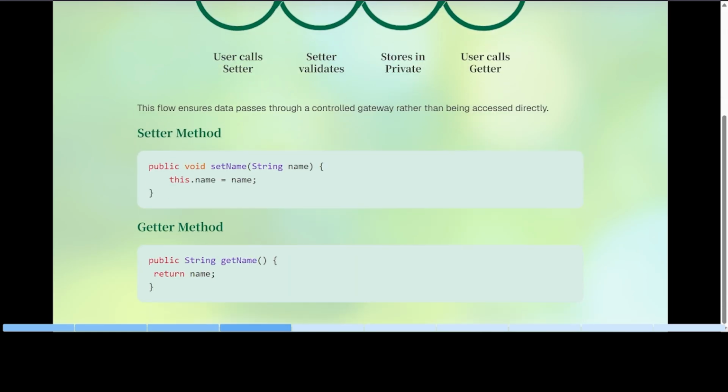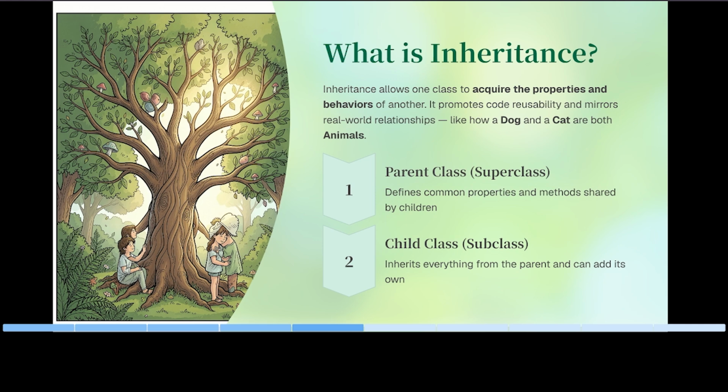Now we are going to see another concept, inheritance. This is also a very important concept in OOPs. Inheritance means it inherits the properties and methods from the parent class. That means one class can use the properties and methods of another class. Here is a real-time example.